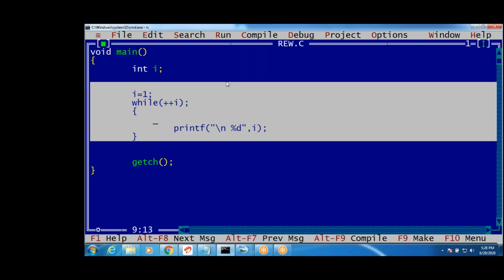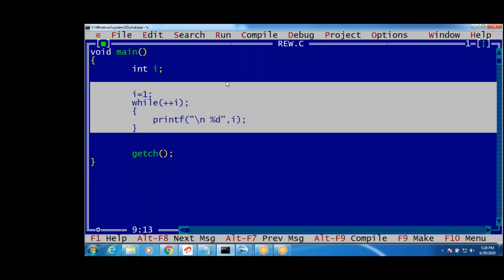Why one, Sumedha? Nothing is printed. Semicolon means what? What I told. Very good, Shashidhar. Kasturi, nothing is printed. Why?